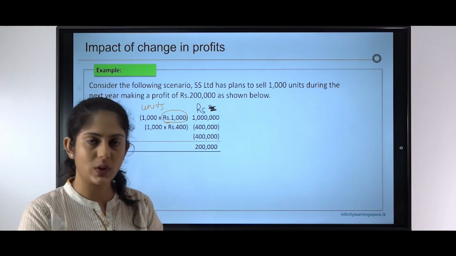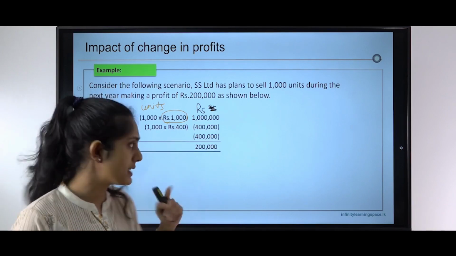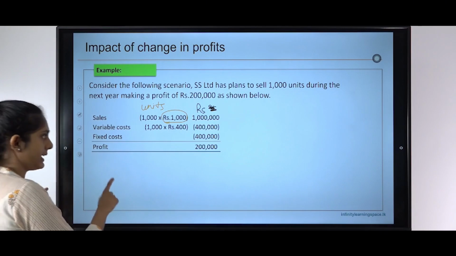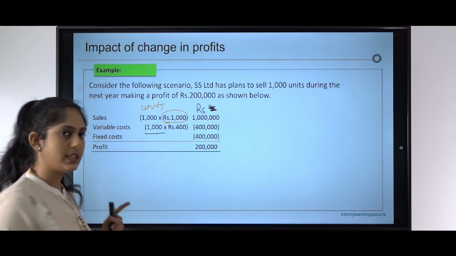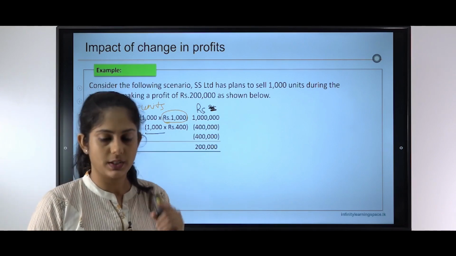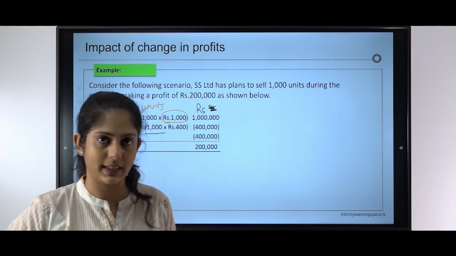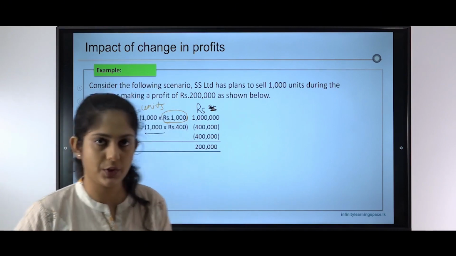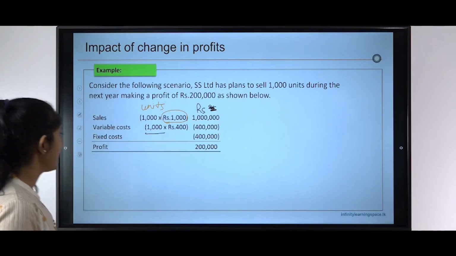More the clothes, more the fabric, more the dye, more the thread, more the buttons, likewise. Those are variable costs. So that is dependent on the units. So 1000 units into 400 per unit. So it's like saying to manufacture one clothing, let's say one t-shirt is 400 rupees and I am selling that t-shirt for 1000 rupees, right?